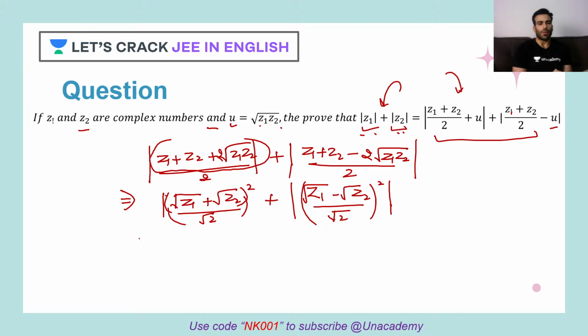Correct? Now, there is one property, if you remember, that mod of z square can be written as z square mod also. I hope all of you remember this. So this thing can be written as z1 plus, do we need to use this? Yes, let's use this.